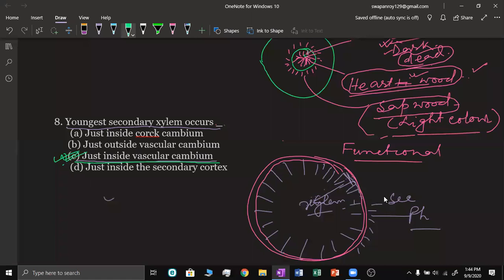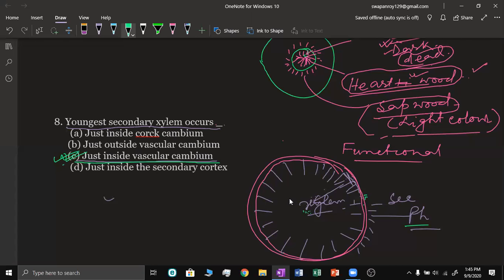Like that also on the outside, as it is phloem, younger secondary phloem will be near to the cambium ring and older one will be away from the cambium ring. This is all the primary xylem, primary phloem. Primary xylem will be near the center. Okay.